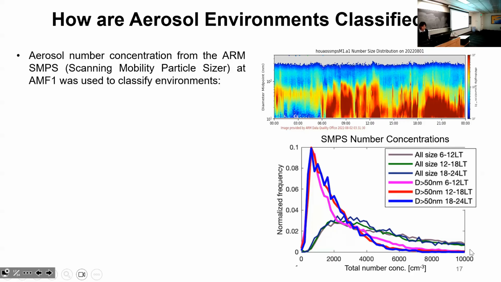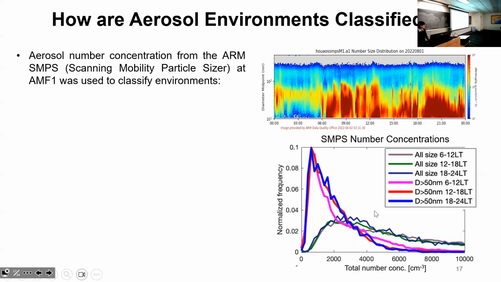The bottom plot shows the normalized frequency distribution of number concentration with different size ranges and different time ranges as well. The thin three lines represent all sizes, and the thick line represents the number concentration for particles greater than 50 nanometers in size.